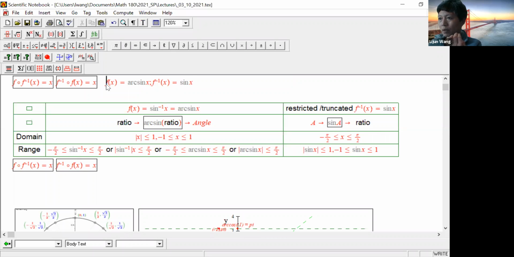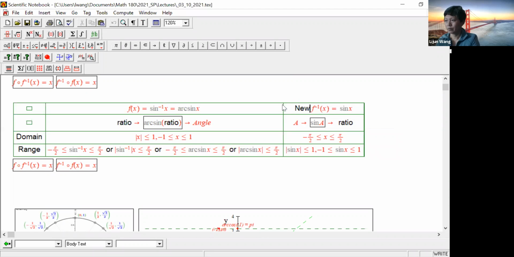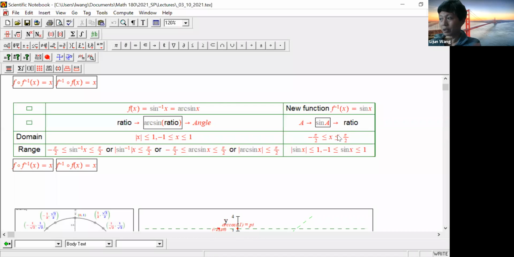I'm going to make it a new function, which is different from the sine we know because it has a different domain. And one's domain is the other's range, so we have all of that satisfied.